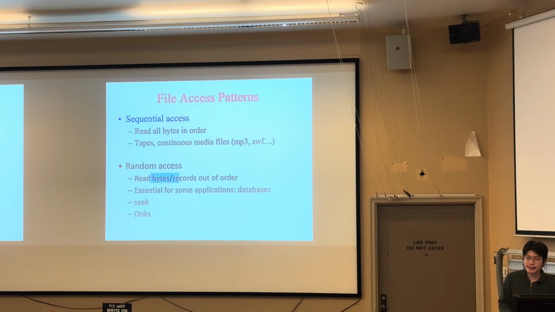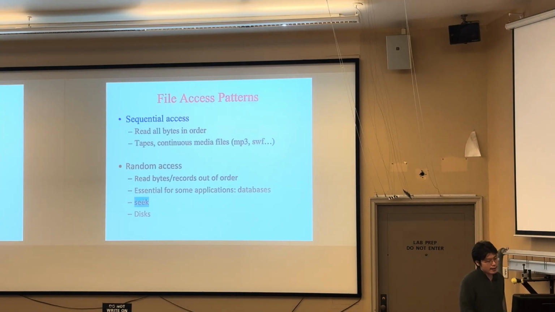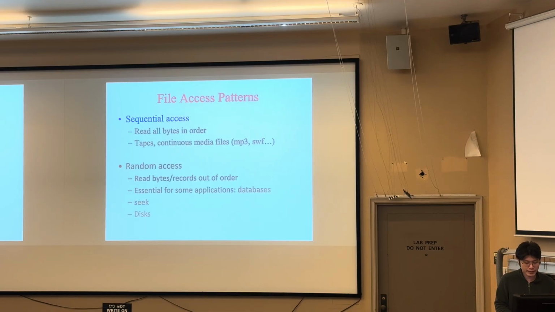You read bytes or modify content of a file at specific positions. It's very essential for some applications, such as databases, where you need to seek to the location that you want to modify, and then start modifying or reading from that location.